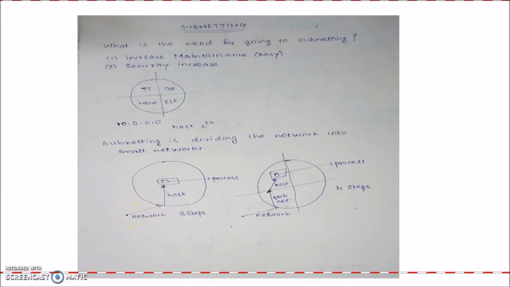First step is to identify the network, second is to identify the host, and third is to identify the process in that host. Whereas in a subnet, the first step is to identify the network, second step is to identify the subnet, third step is to identify the host, and fourth step is to identify the process in that host.